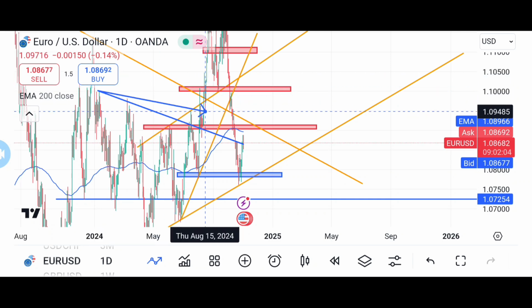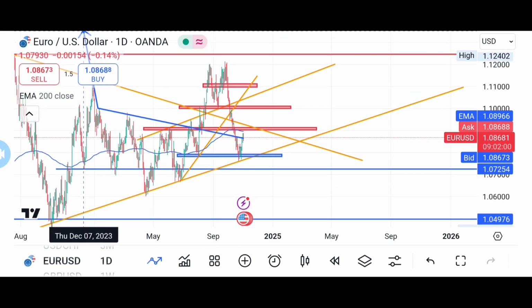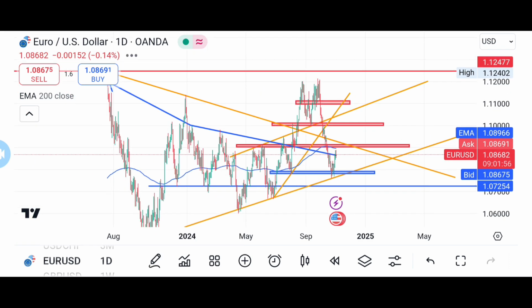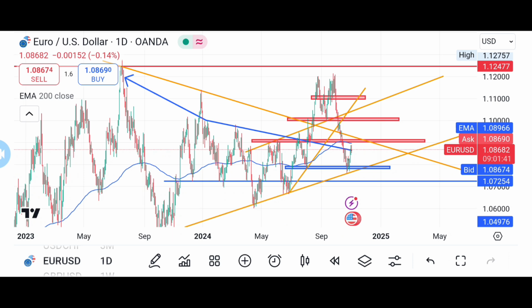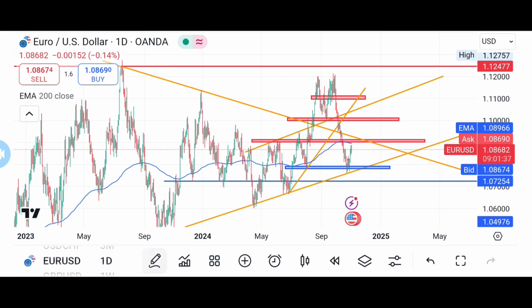You can see very well, it started at this area, up to that region. Once the price touched that trend line, it was pushed back downward. Once the price touched that trend line, sellers took control.